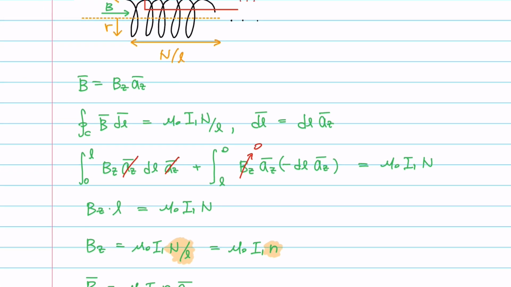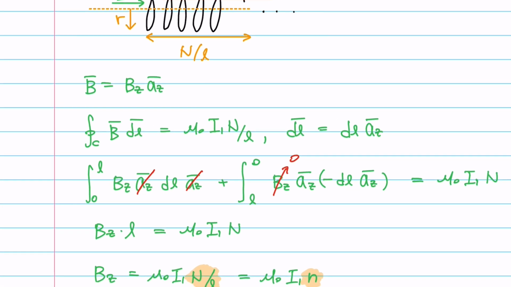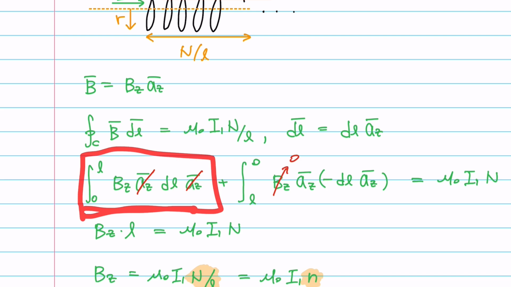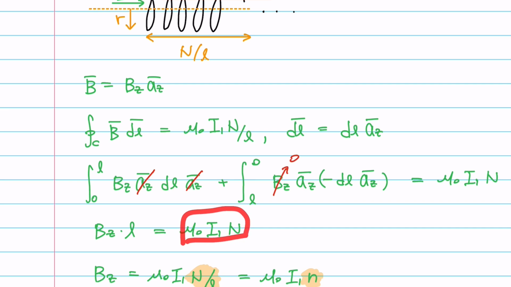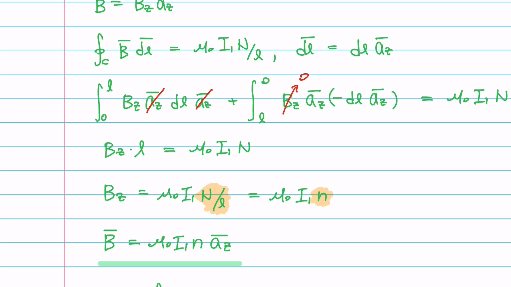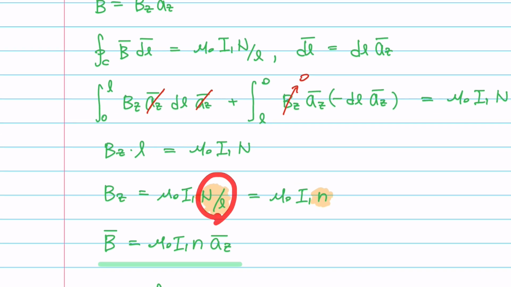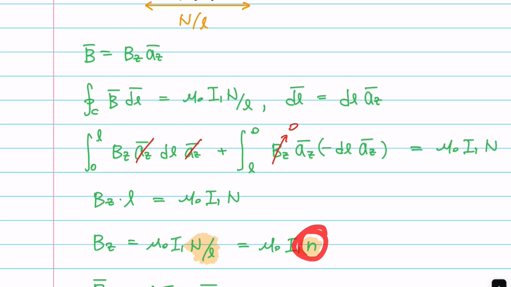And therefore, if you calculate this integral, then you get Bz times L, and that is equal to this part. If you now divide by L on both sides, you get N over L again, but that can be expressed in terms of a per unit length turn.